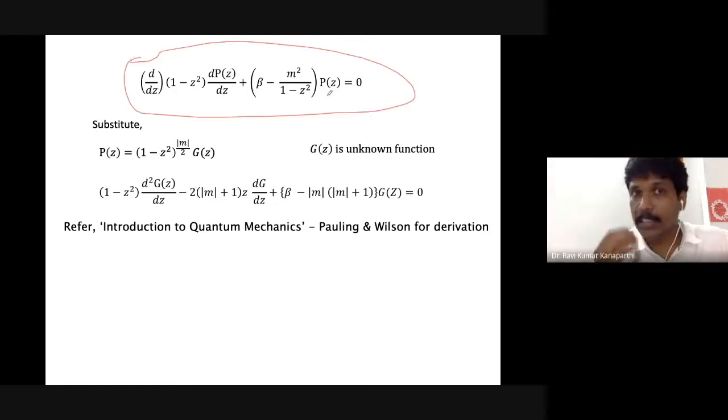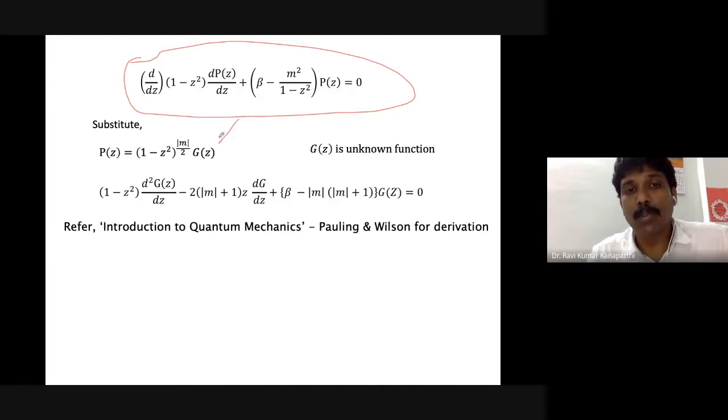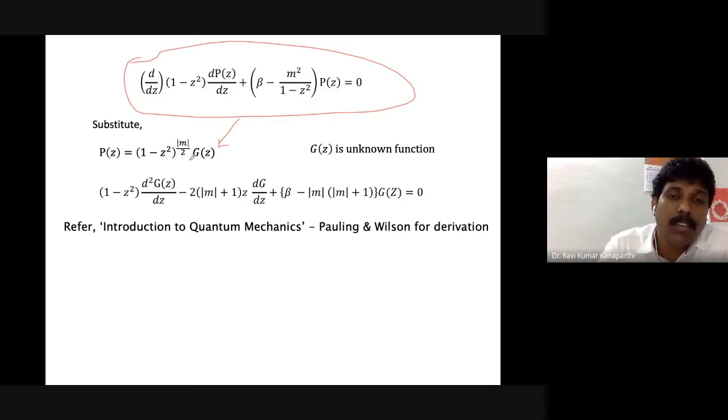This is the differential equation, and in it you can do a small substitution: P of z equals 1 minus z squared to the power modulus of m by 2, multiplied by g of z. Wherever P of z is there, you replace it with that, and then you get this differential equation.